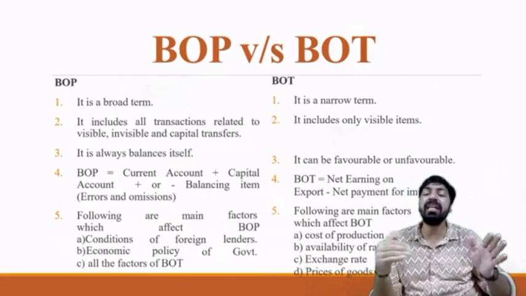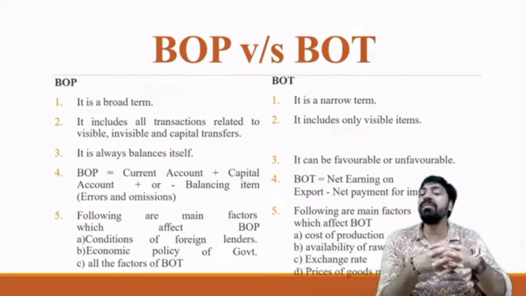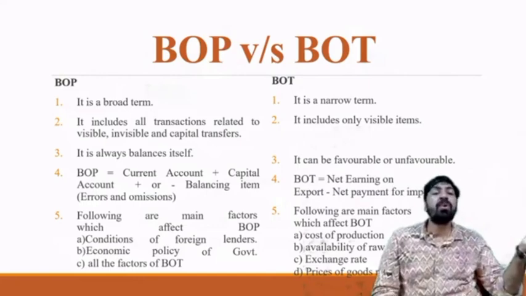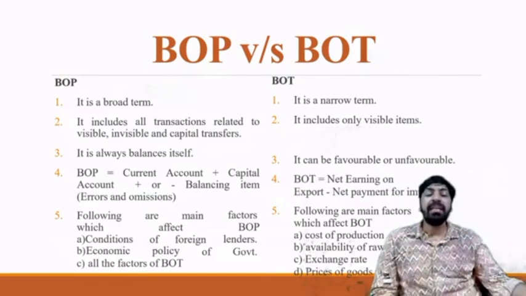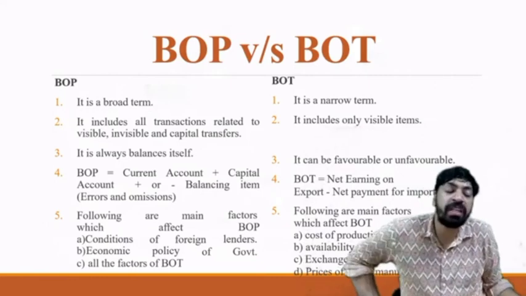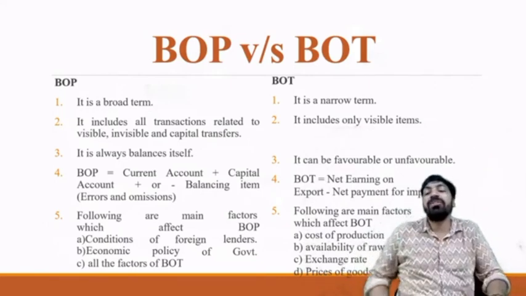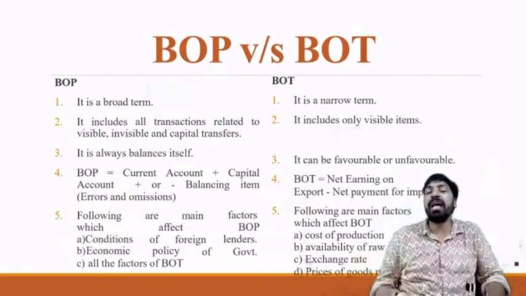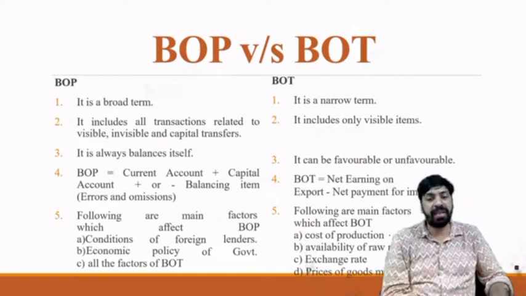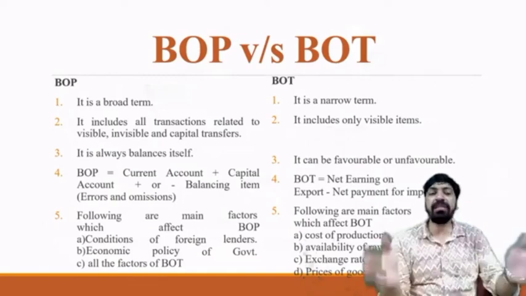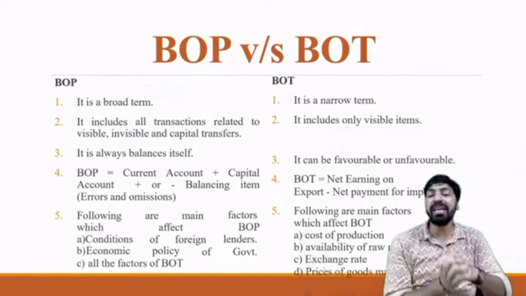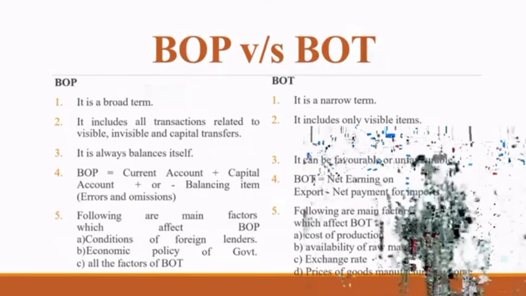Ultimately it also influences the balance of trade, as the earnings from export would be less if the prices of the goods manufactured at home are lower. So this is the main difference between the balance of payments and the balance of trade.